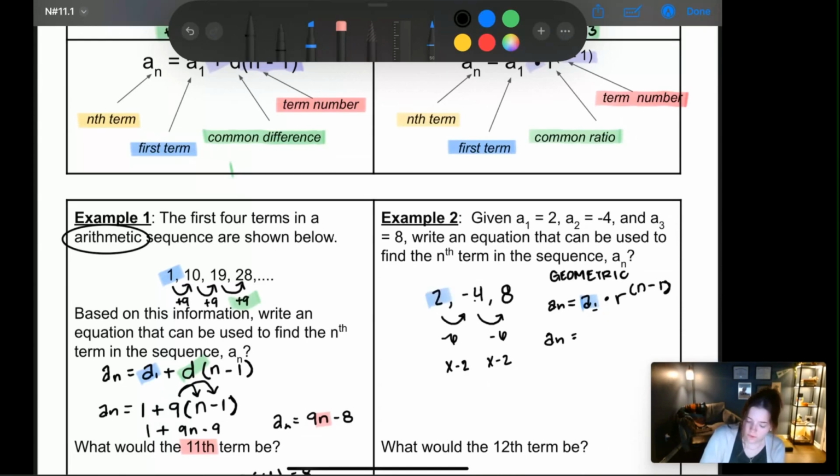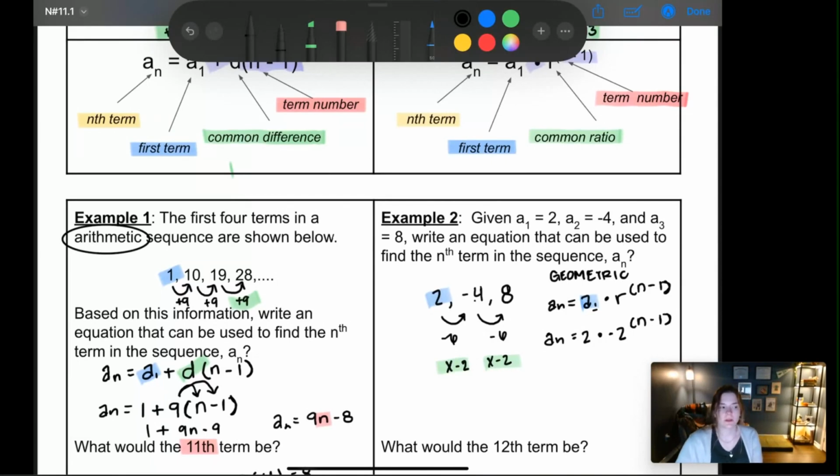Okay, so 2, and then times the common ratio, which you found out was negative 2. So, okay, now I'm going to say 2 times negative 2 to the power of, and we don't know n yet, minus 1. Okay.